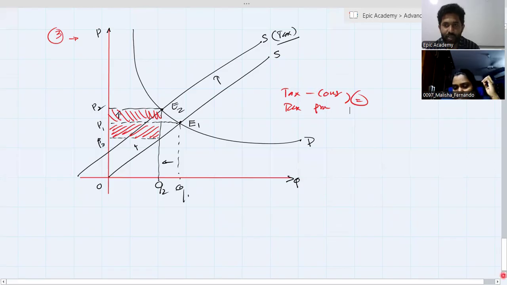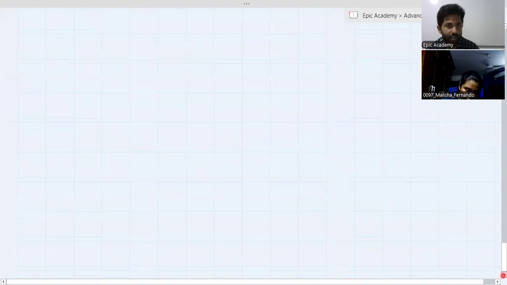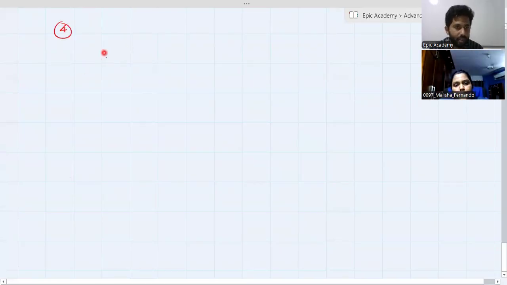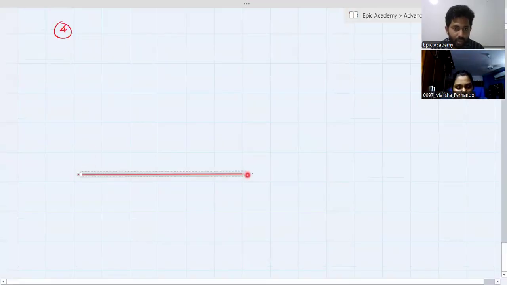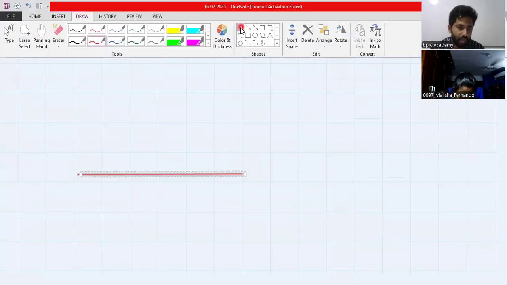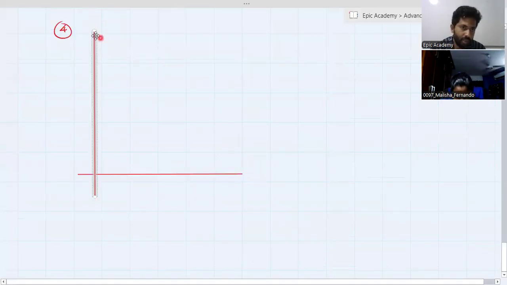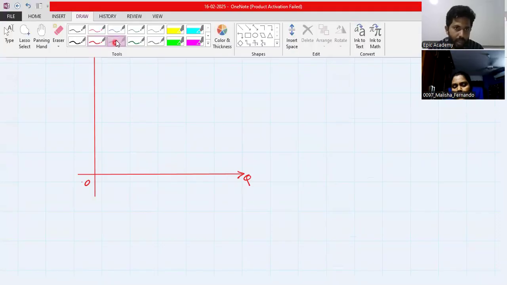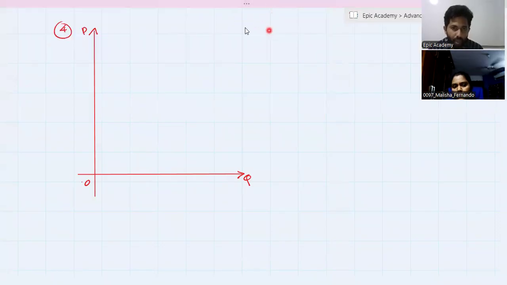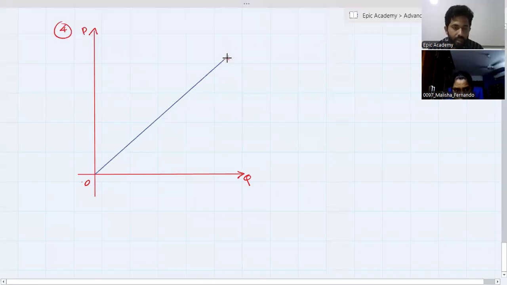I will shift to the fourth point. What will happen at that point? Again, I'm going to show the demand and supply curves. But at this point, the demand curve is relatively elastic, but the supply curve is a normal supply curve, starting from the 0 point.